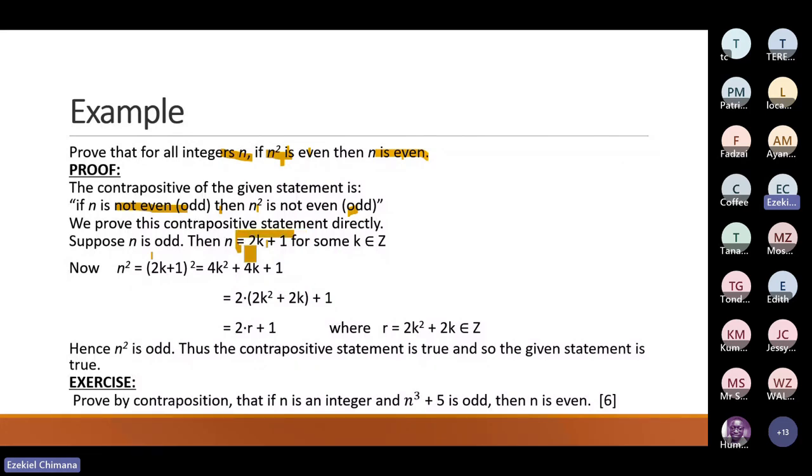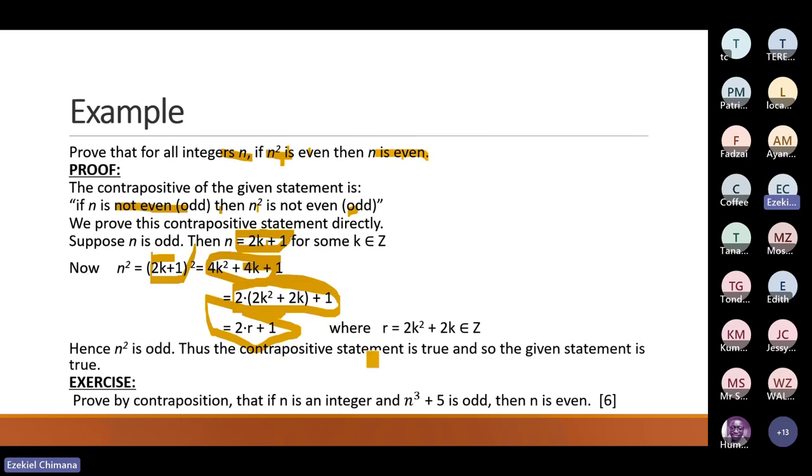And then just do the same, you square it. After squaring it, you do what you have done previously, and then you get this. After getting this, you see that this one is an odd number, right? So hence n squared is odd.